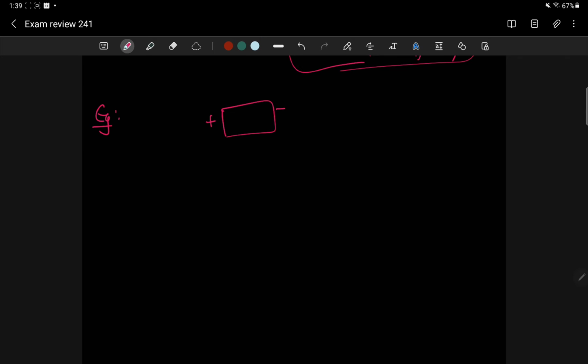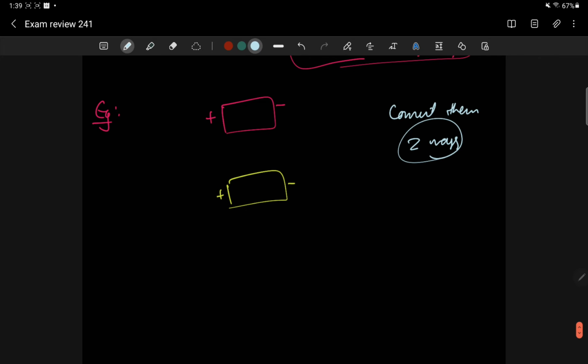And then I have this other object which also has a higher and lower elevation. Now if I want to connect them, there are two ways to do that. Right, so how is that?